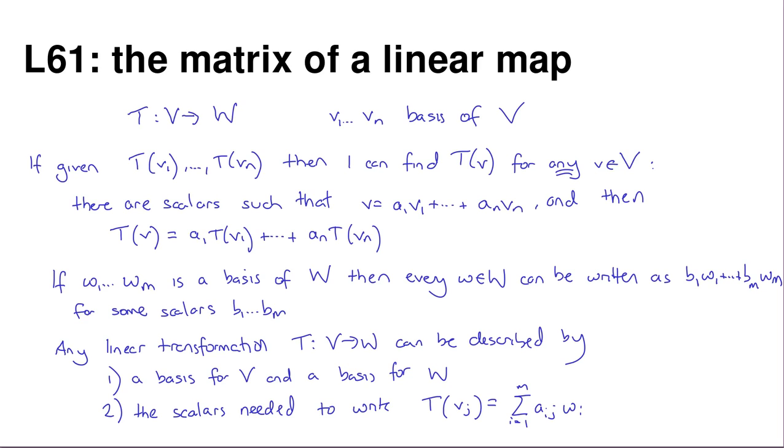So this data naturally assembles into an m by n matrix, and that's how our description of linear maps via matrices and choices of bases is going to work.